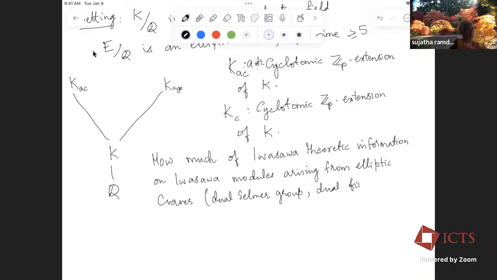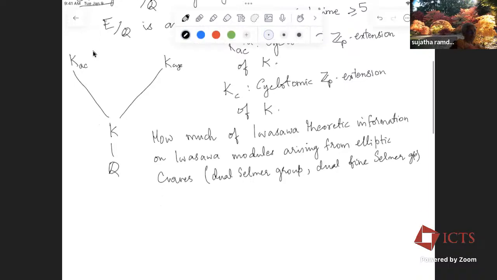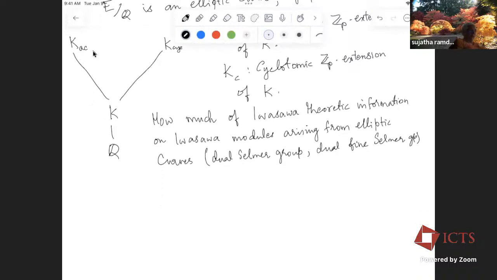You must have already heard about the dual fine Selmer group in other lectures. So these are the two groups we are interested in over the cyclotomic extension or the anticyclotomic extension. So what do we mean by this?